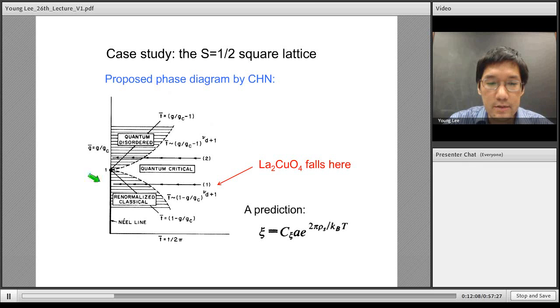So these systems should fall for this g value below 1, and then they would have a prediction based on their mapping to this field theory that the correlation length as a function of temperature has this exponential dependence. So this diverges exponentially as you approach T equals 0 in this specific way. And in the exponent, you have this rho sub s, which is the spin wave stiffness, and it's just related to J. So you should be able to compare experiments with theory with no adjustable parameters.